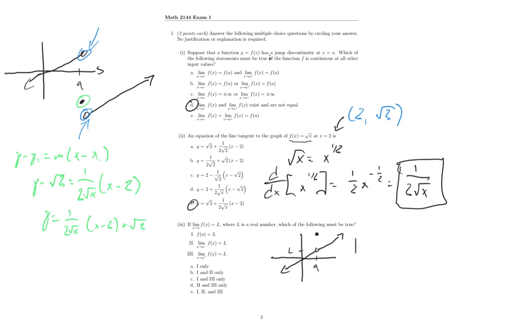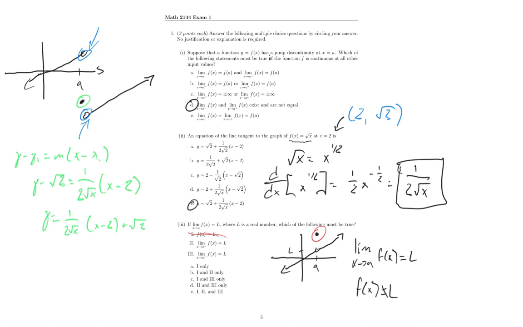Well, the limit as x approaches a of f of x equals L, right? But f of a would not equal L. f of a would equal this value up here. So this is a way to disprove 1. So that's not always true.